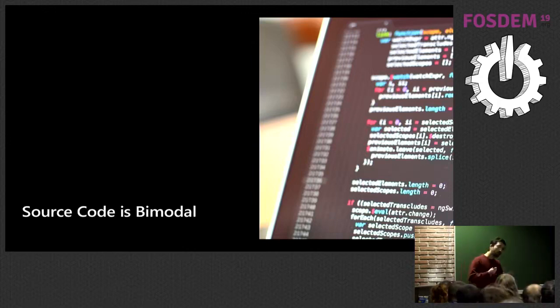So essentially, source code has two forms of audiences: the machine, of course, and us humans. And because it's so costly for us humans to read and understand the code, we add a lot of, let's say, human level information.